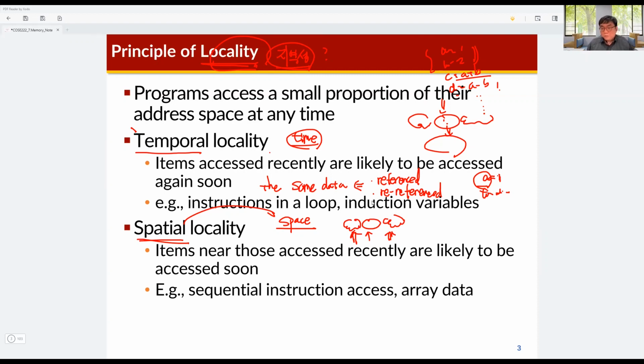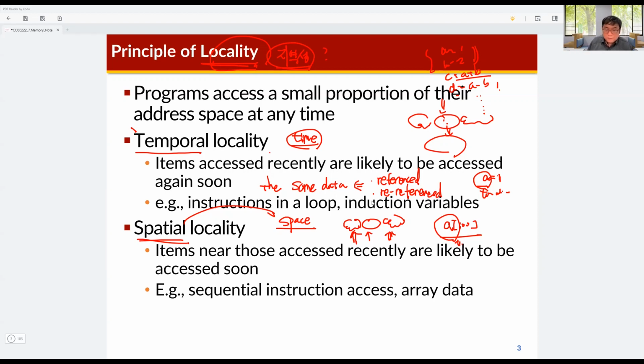And it will be frequently found in our normal applications because we frequently use arrays like A[100]. If a certain element of this array is used, then we will use the neighbor elements. Like if A[0] is accessed by our code, then with a high probability we will access A[1] in the next loop or in the near future.